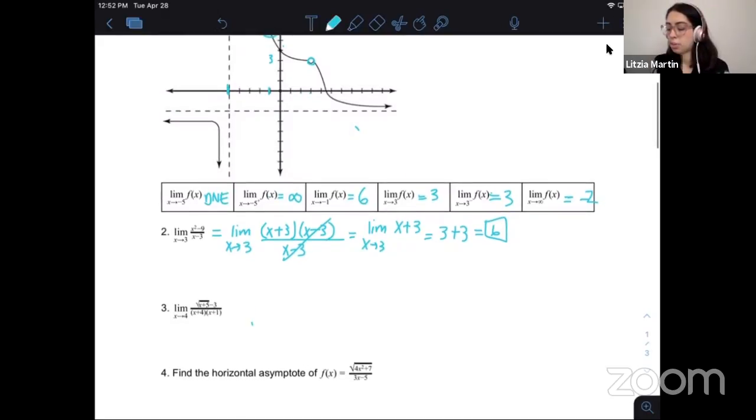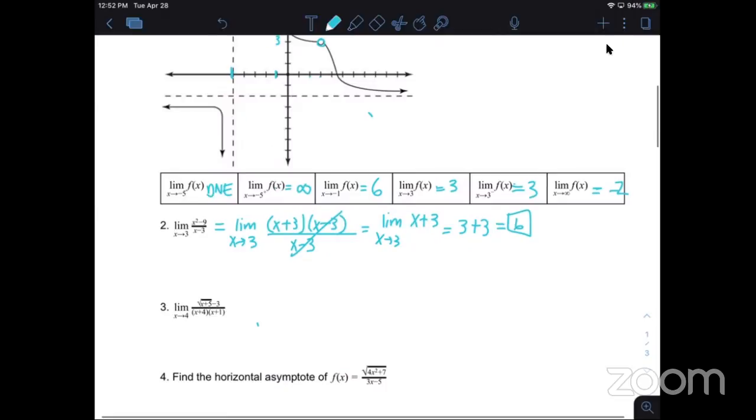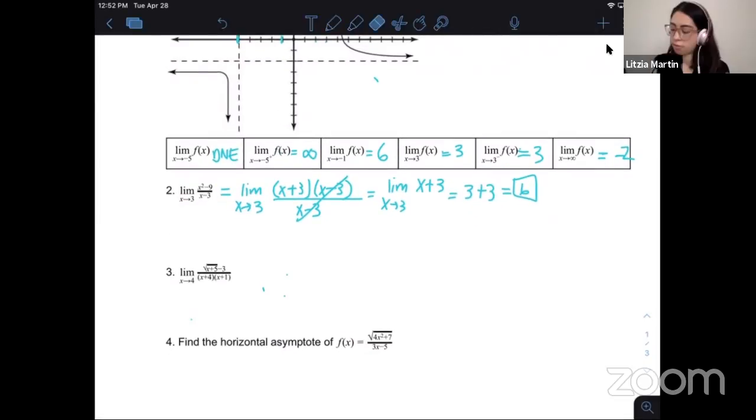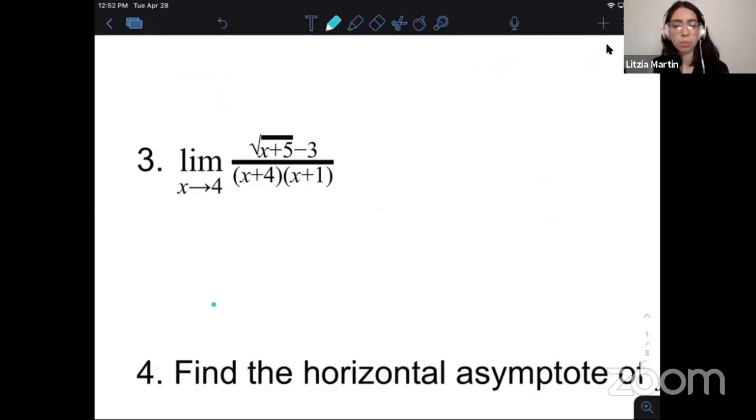Let's take a look at number 3. The limit as x approaches 4 of root x plus 5 minus 3 divided by x plus 4 times x plus 1. So again, if I plug in 4 here, direct substitution, I'm not going to get a 0 in the denominator, so that's not going to be an issue.